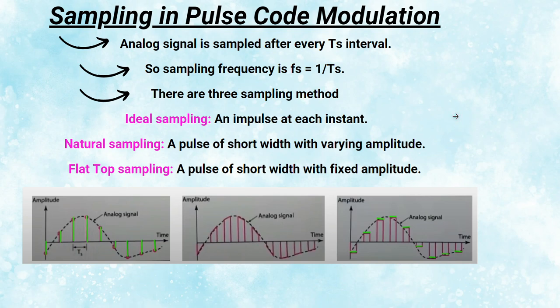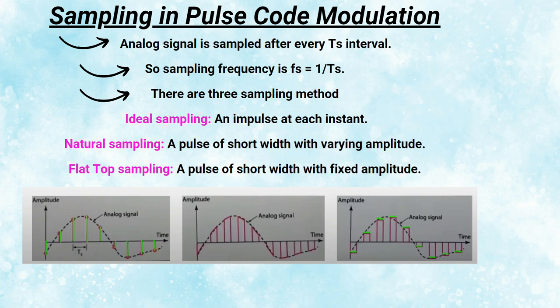Here we can see the sampling process in pulse code modulation. By this, the analog signal is sampled after a time interval, that is Ts. So obviously we can say that the frequency is 1 by Ts, and there we can see the three types of sampling.